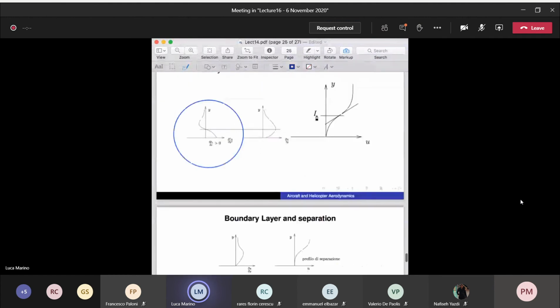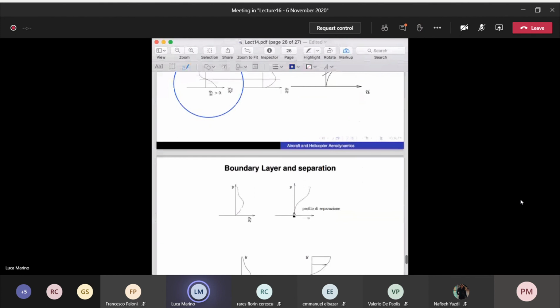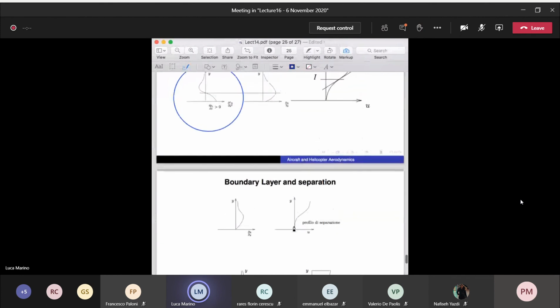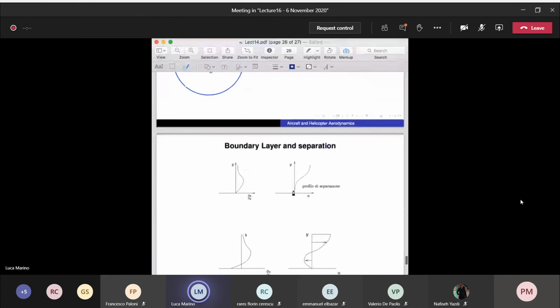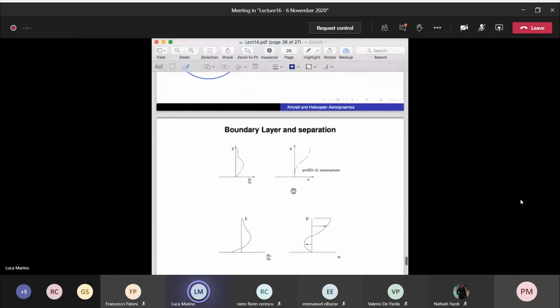This means that this point, the inflection point, will move to the surface. So in this point you will have the inflection point here. If you proceed further, what you will have is that the u over y will go to negative values.